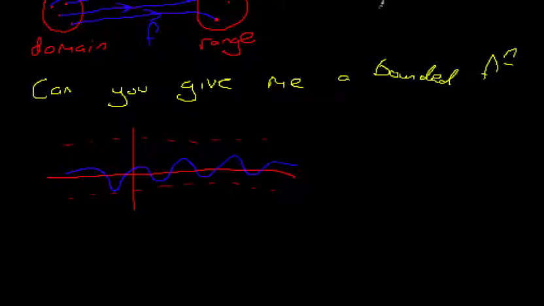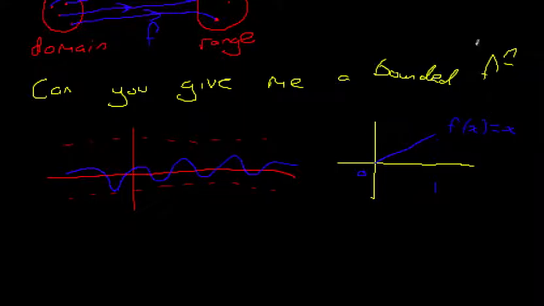A good example of this, if you want to define it over the real line, is, for example, the line y equals x between 0 and 1. So this is f of x equals x.